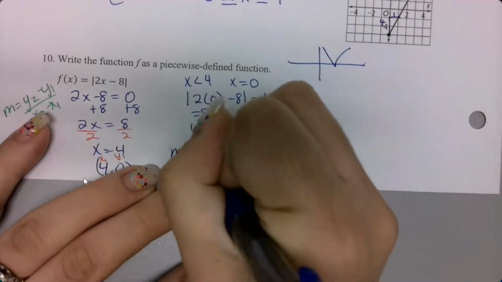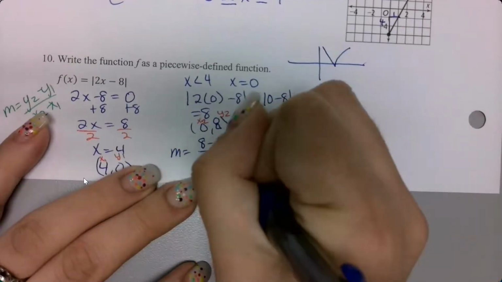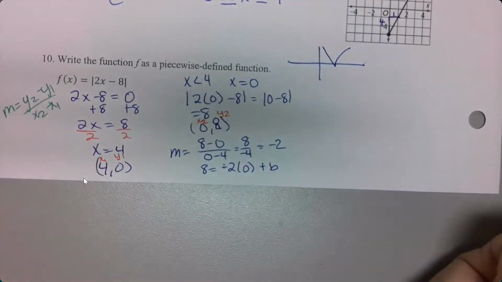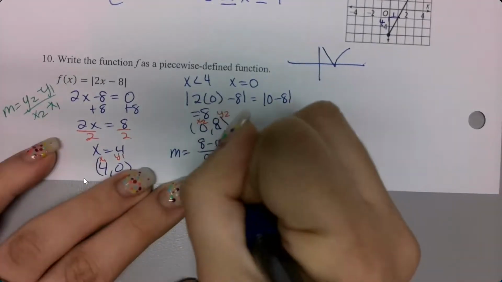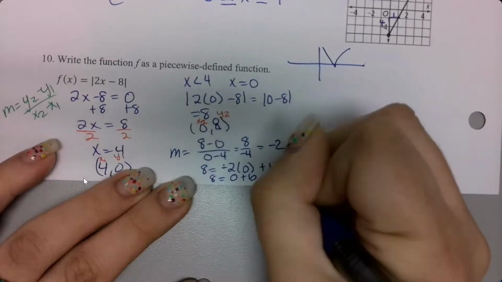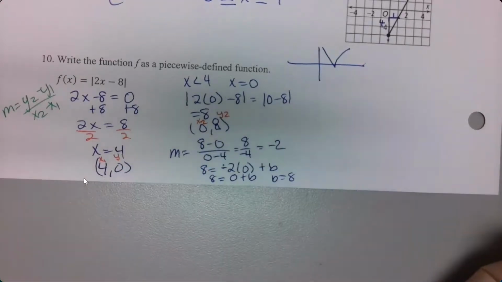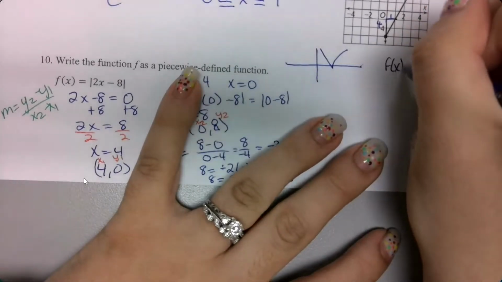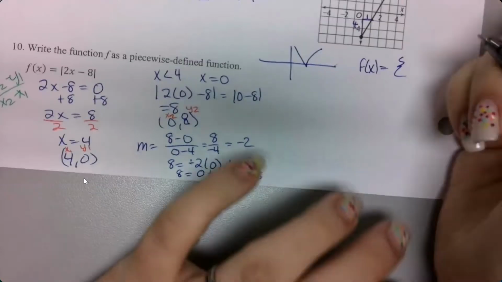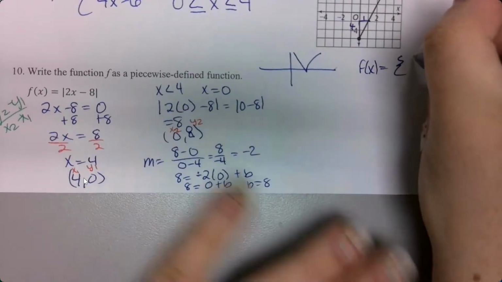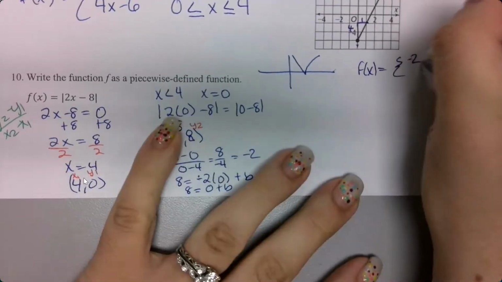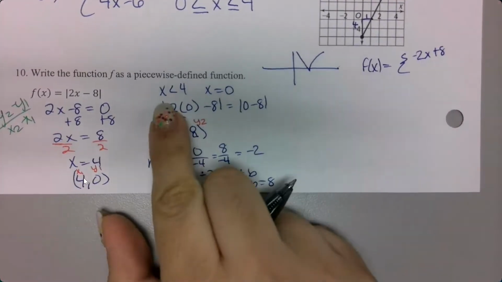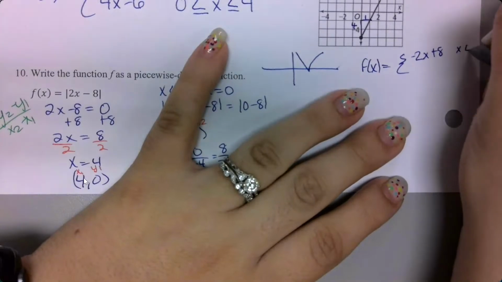So I'm going to have 8 equals negative 2 times 0 plus b, which is going to give me 8 equals 0 plus b. b equals 8. So I'll write this over here. My first part of the equation is going to be, what was my slope? Negative 2x plus 8, and this was for values less than 4. So x less than 4.